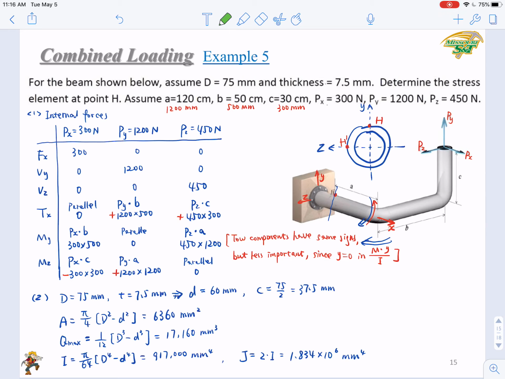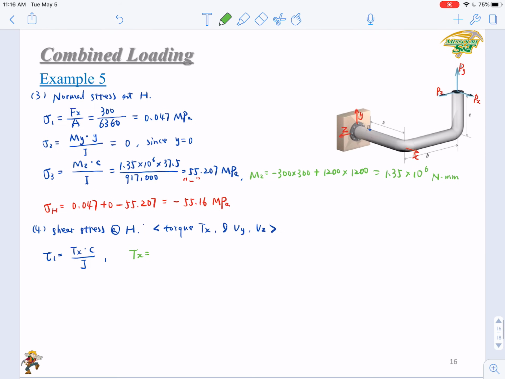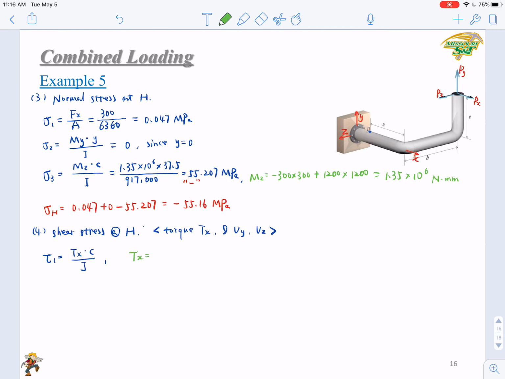You have two components, both positive. You just add them together. So the Tx here is 1200 times 500 plus 450 times 300. This will be 735,000 Newton millimeter.